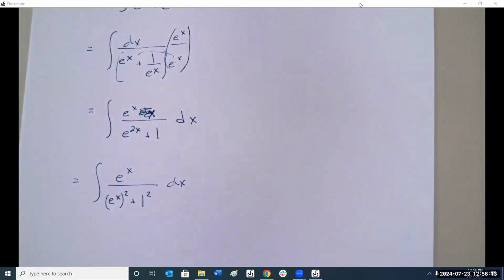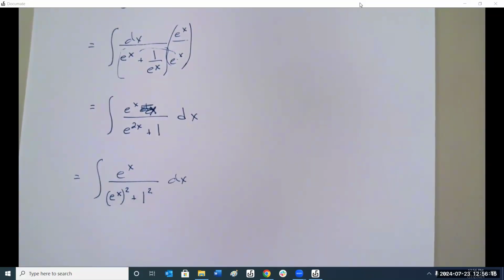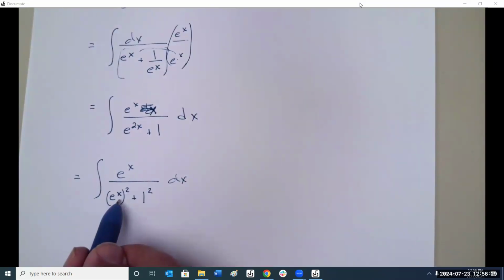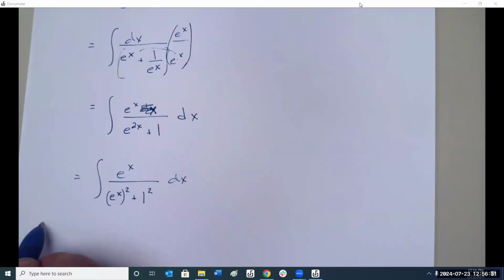Well, what's u going to be in this case? One? U's going to be 1? No. It has to be a function of x. So it has to be e to the x. So u is e to the x.